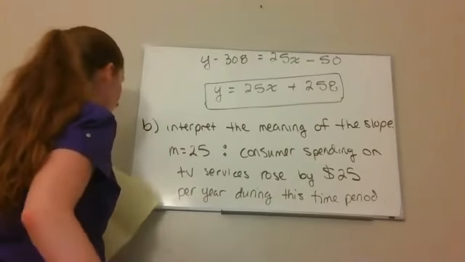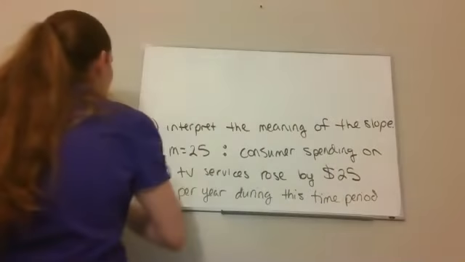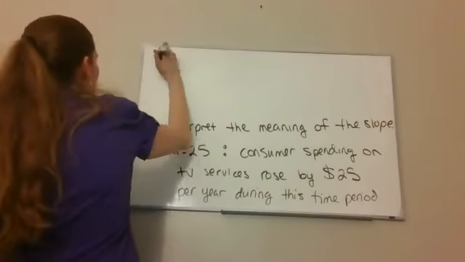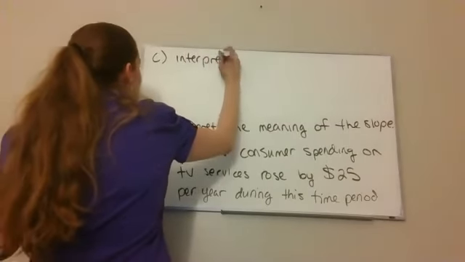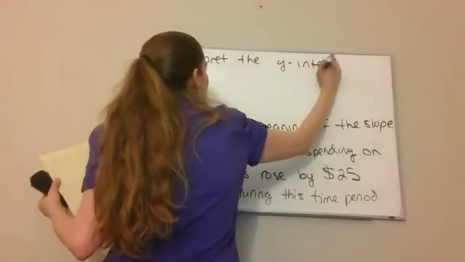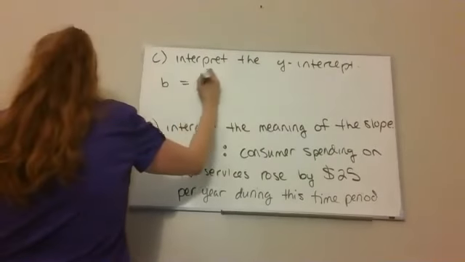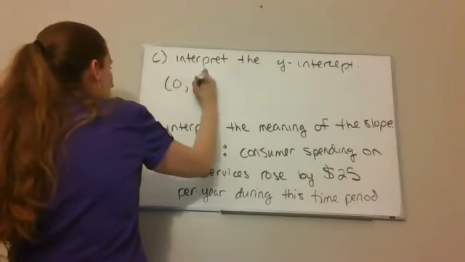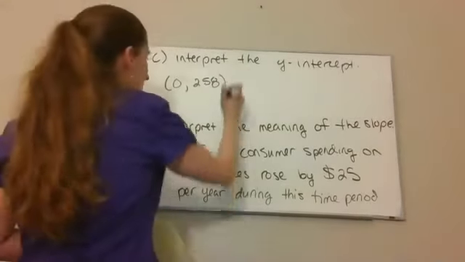Now, part C, we need to interpret the y-intercept. So on this problem, my y-intercept, that was that 258. So my point is 0, 258. That's my y-intercept.